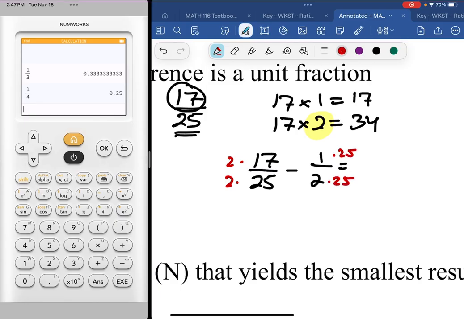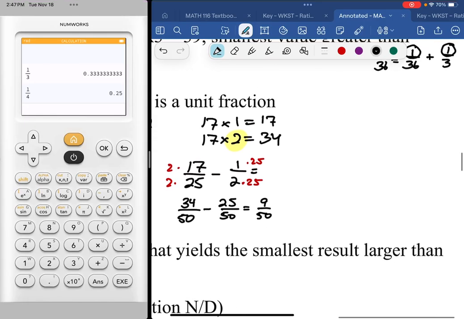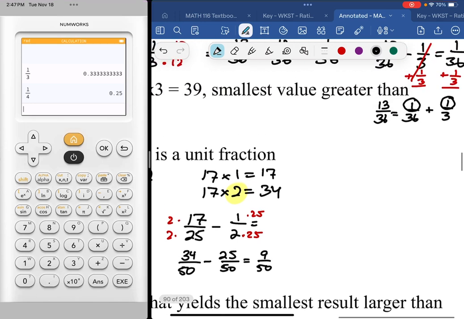The old trick for getting a common denominator was to multiply each fraction by the other fraction's denominator. All right, so I get 34 over 50 minus 25 over 50, which is going to be 9 over 50. All right, this is not a unit fraction.